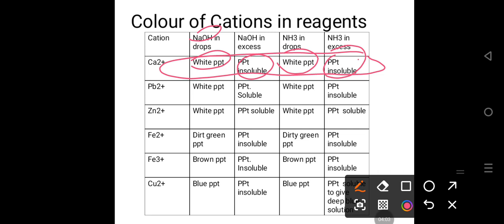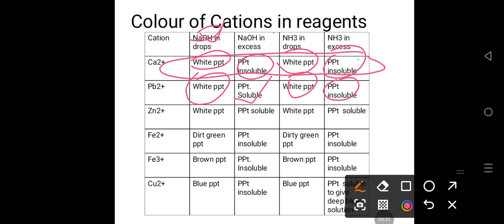Then for lead ion, when you add sodium hydroxide to it, you have white precipitate. In excess, the precipitate will dissolve. Then when you add aqueous ammonia to it, you have white precipitate. In excess, it will not dissolve. So lead ion dissolves in sodium hydroxide excess, but does not dissolve in the excess of ammonia.